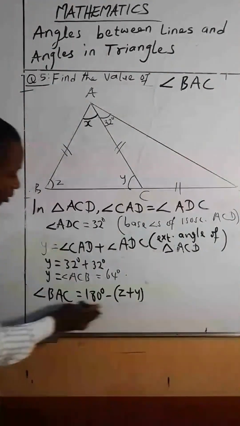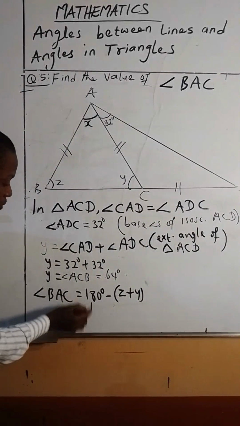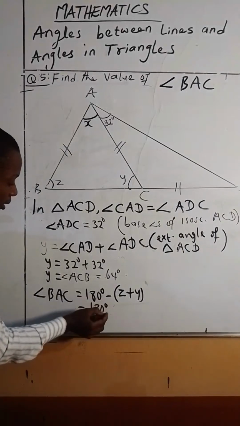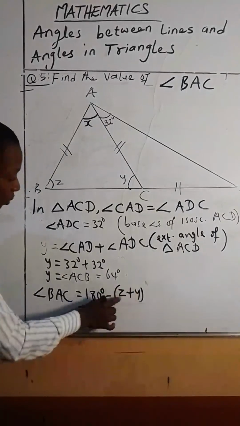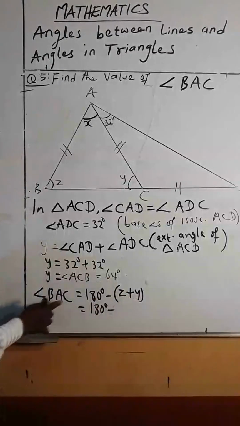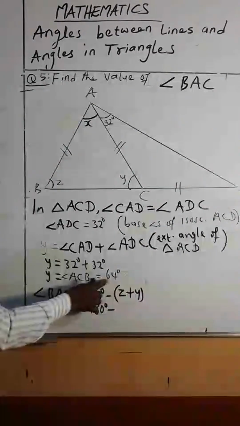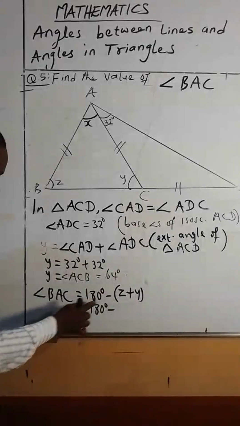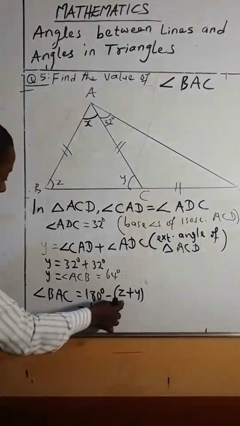And we already know that Z and Y are equal. Both of them are 64, 64.